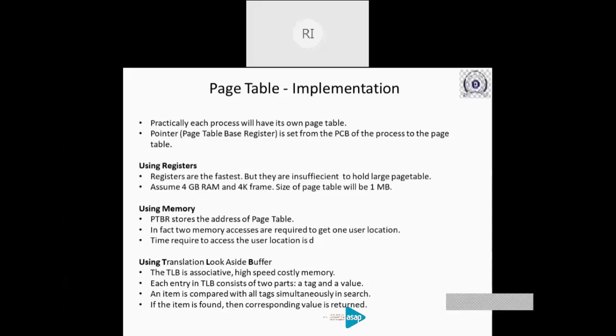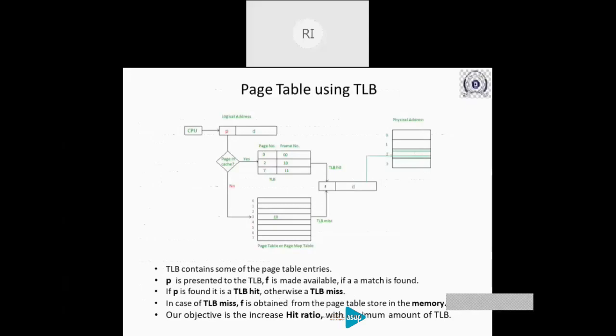So this shows how the TLB is used for storing the page table. You can see that the CPU generates a logical address, and it is divided into page number and offset, and the page number is checked in the TLB, to see whether the particular page number is available in the TLB or not.